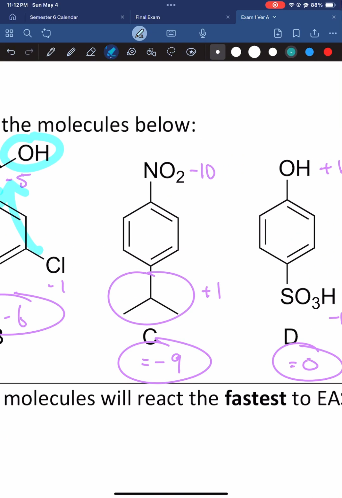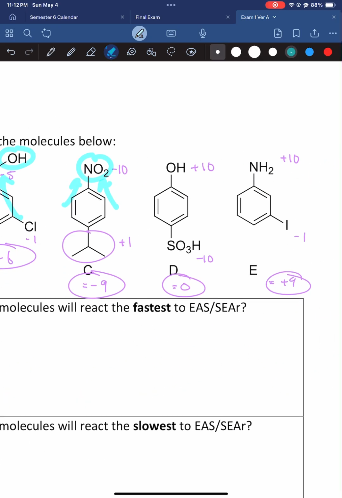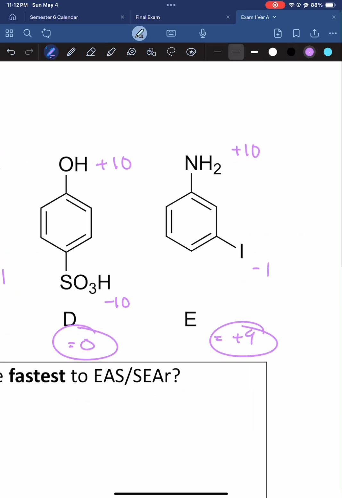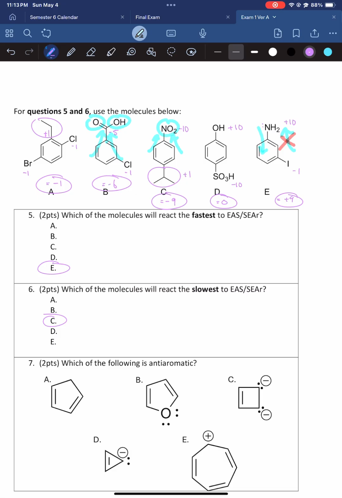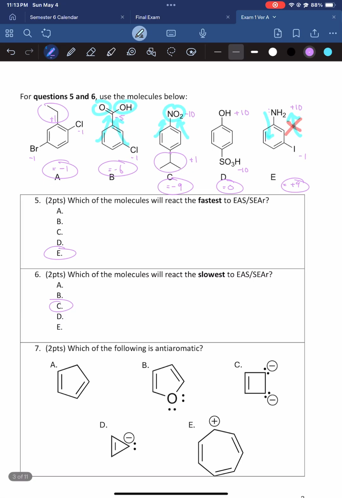We have a lot of resonance here, pulling the electrons out, as opposed to, let's say, E, where we just have lone pairs here, and this amine group can't really suck out the electrons, so it can actually push electrons into the ring, which makes that faster. So if you guys are stuck, you can look at the resonance. I guess this whole course is all about resonance, right? So that is definitely a very helpful rule of thumb if you get stuck.